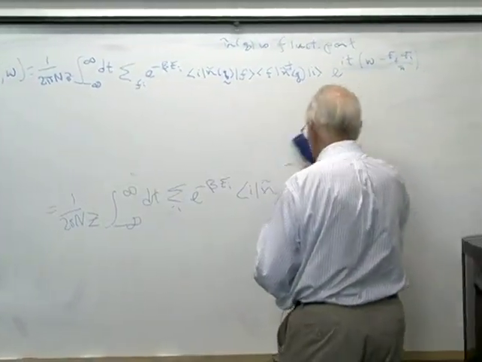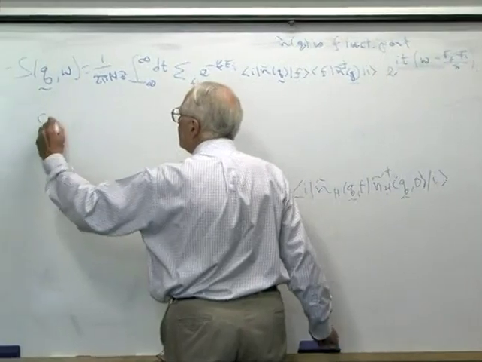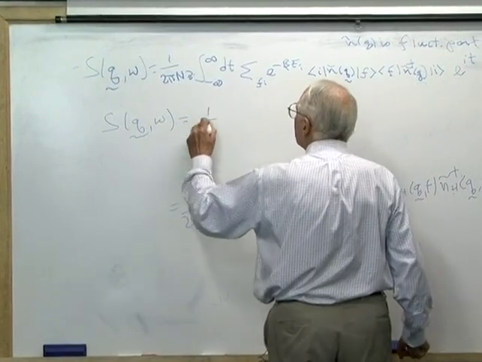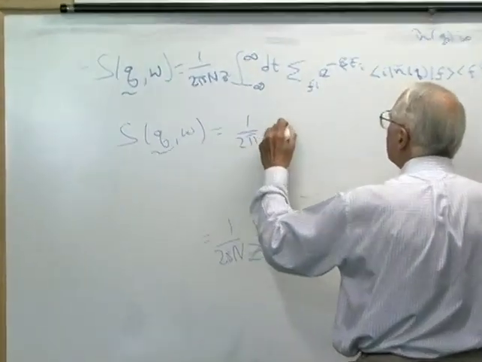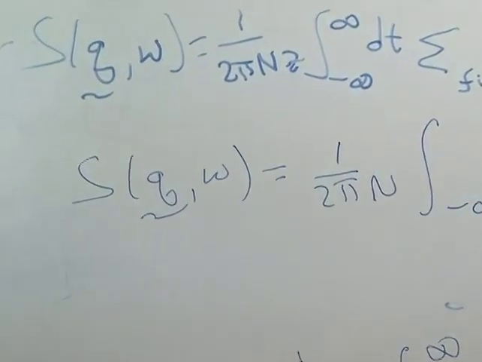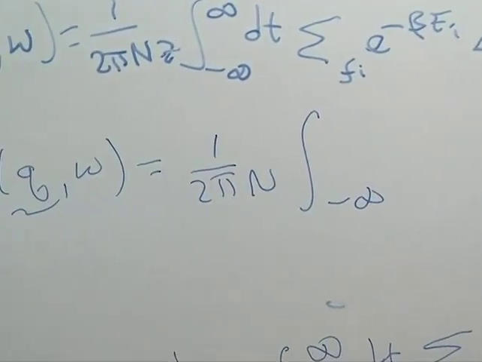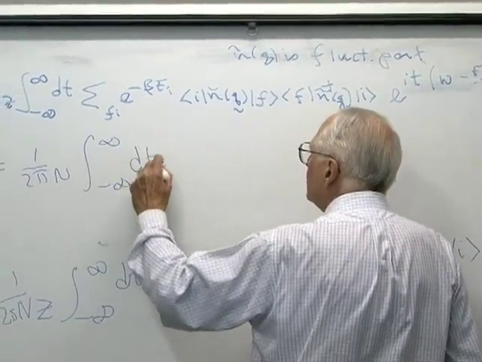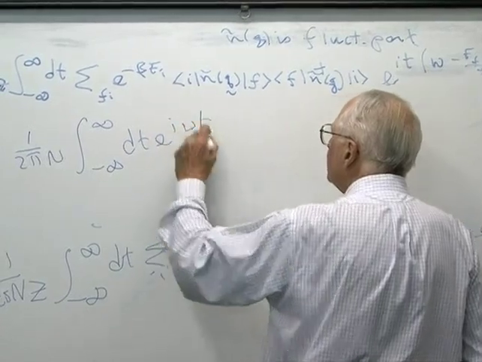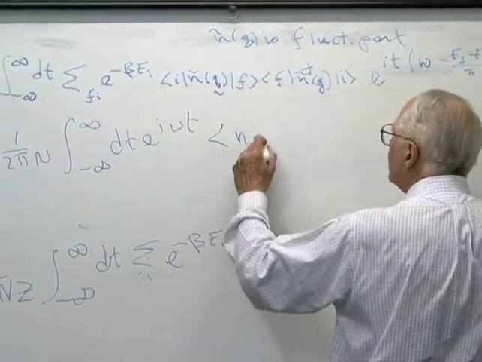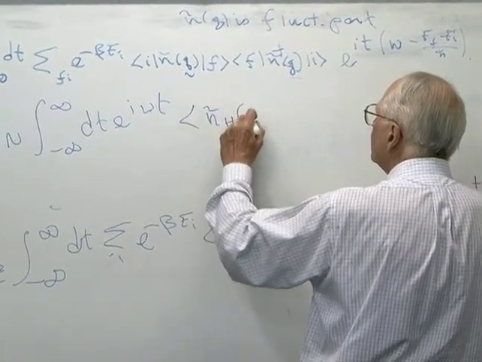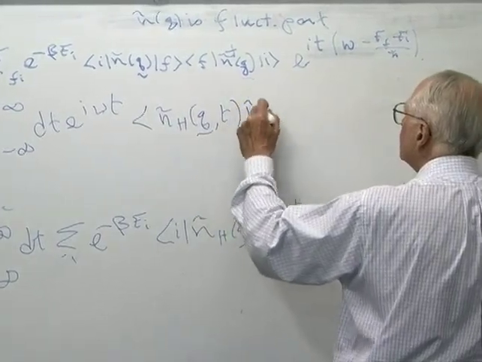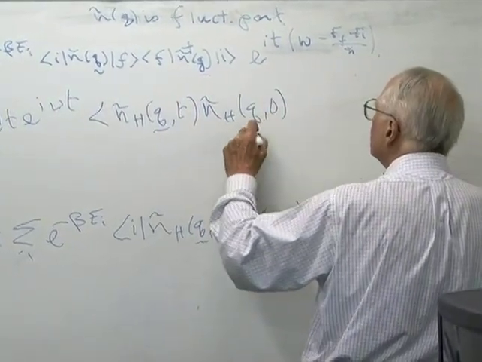And this is the final answer that's so interesting, that S of q and omega is 1 over 2 pi n, integral from minus infinity to infinity dt, there's a factor of e to the i omega t, and that's crucial, times the ensemble average of n_h tilde of q and t, n_h tilde of q and 0 adjoint.